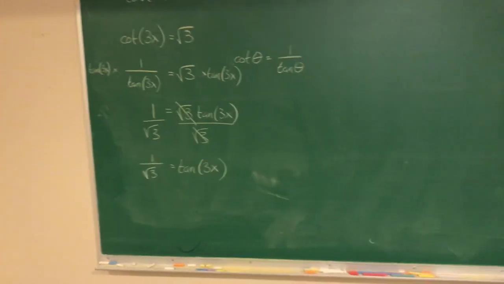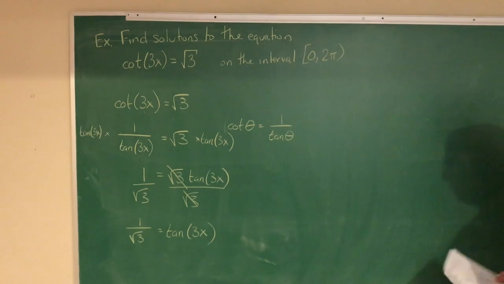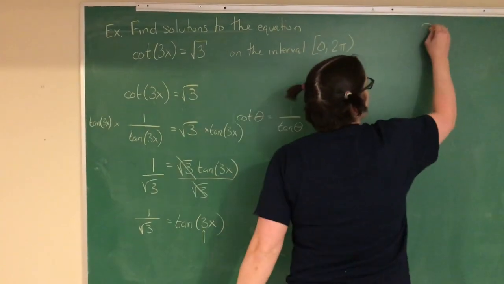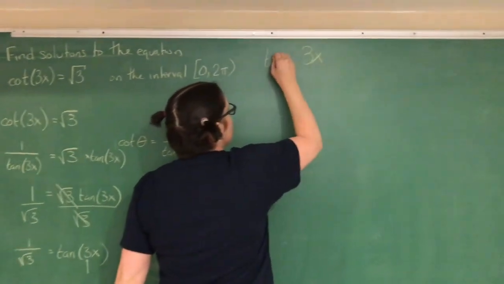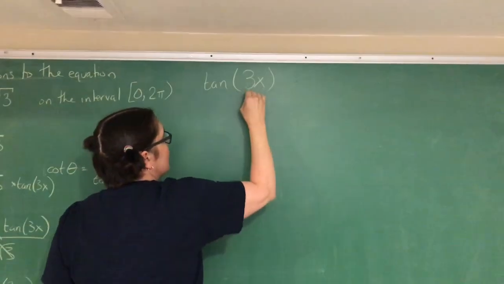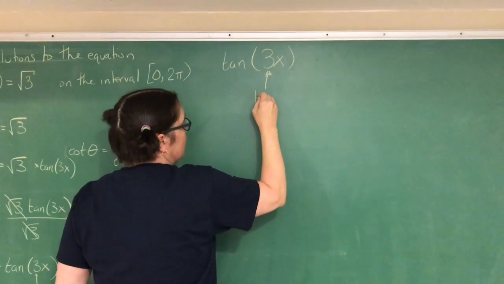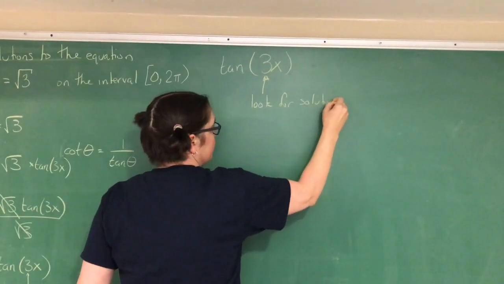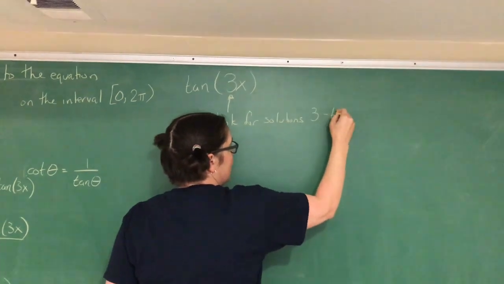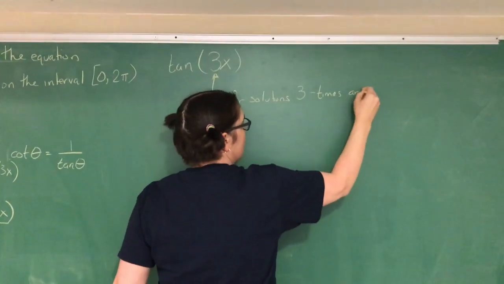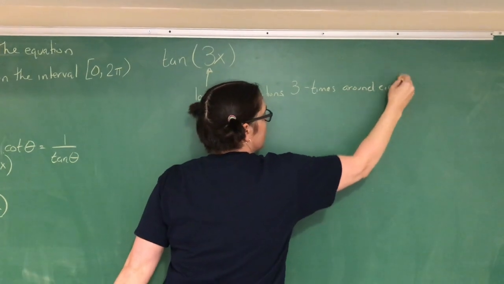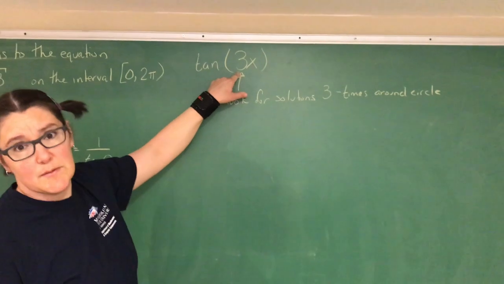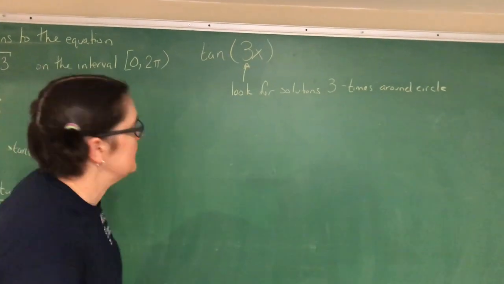Because there's something fancy inside the parentheses, in particular there's a 3 here, this 3x inside of the parentheses, that 3 tells me to look for solutions 3 times around the circle. Okay, we always look for solutions b times when we have a bx inside of the parentheses.